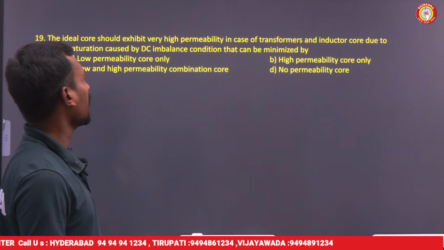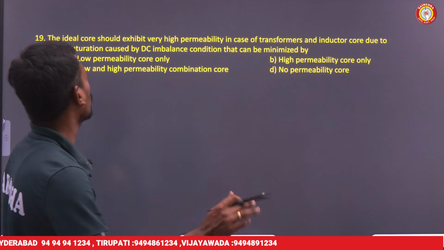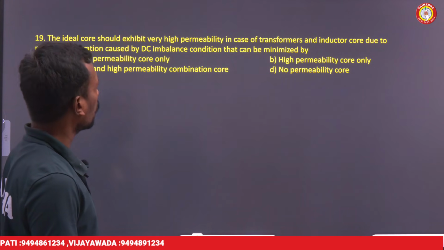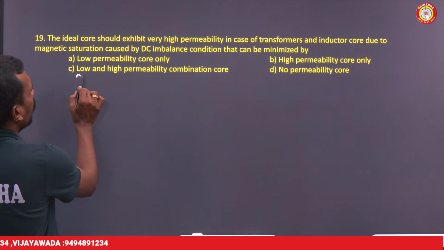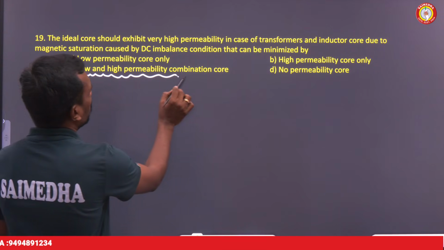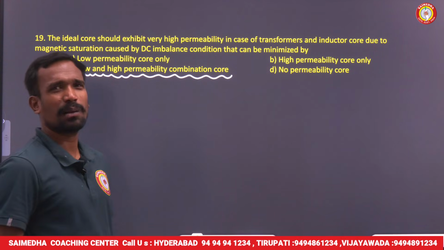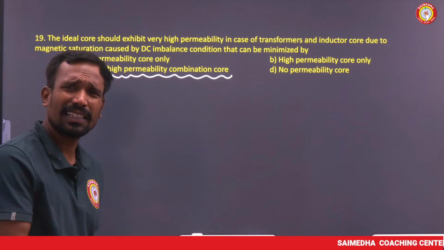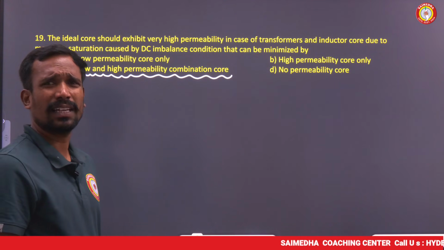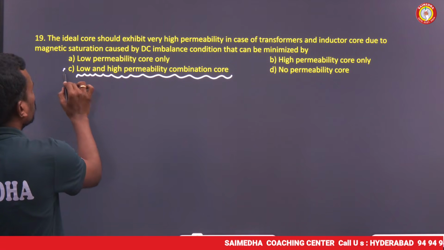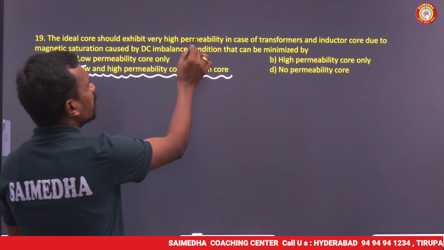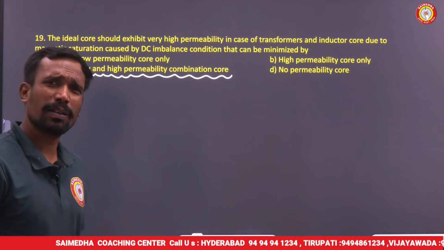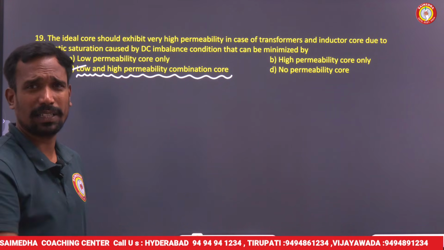When there is very high permeability, we should go through the high reluctance or low reluctance. Low permeability and high permeability combination they given in the option. When it is high permeability, high reluctance and low reluctance paths are there, it can imbalance. The DC imbalancing condition can be minimized by the low permeability and high permeability combination.